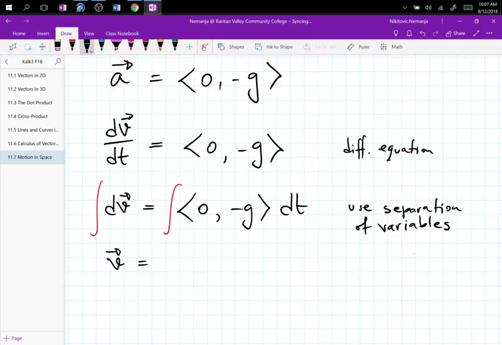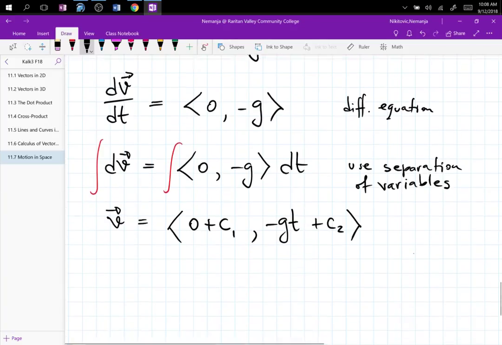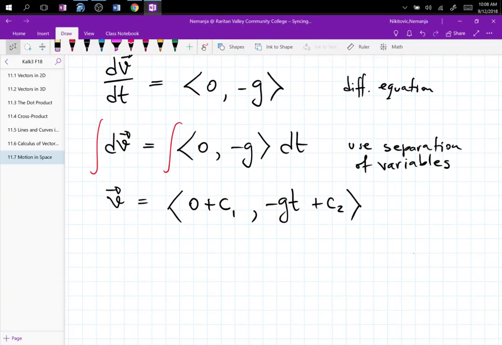So the integral of 0 is 0, but you will have a constant, let's say c1. And the integral of negative g is negative gt. What's the integral of negative 3? It's negative 3x. So the integral of negative g must be negative gt, plus some constant c2. Every time you integrate an indefinite integral, you better put plus c. Otherwise, I'll get allergic to you. And that allergy spreads rapidly.